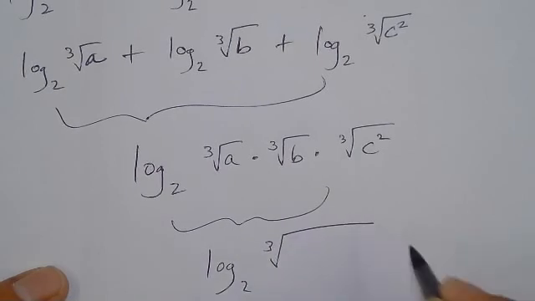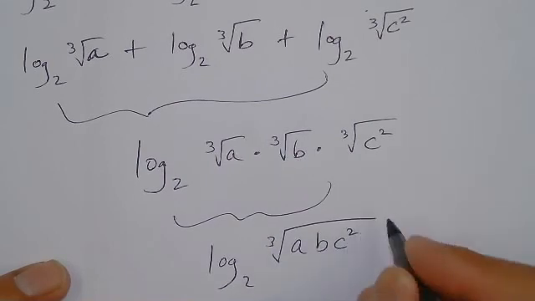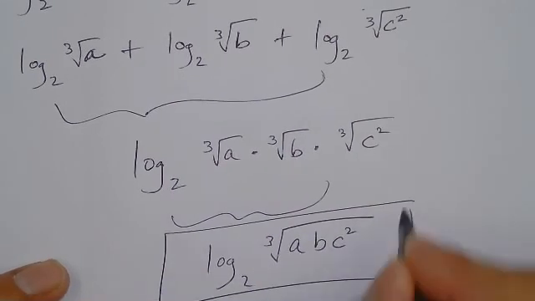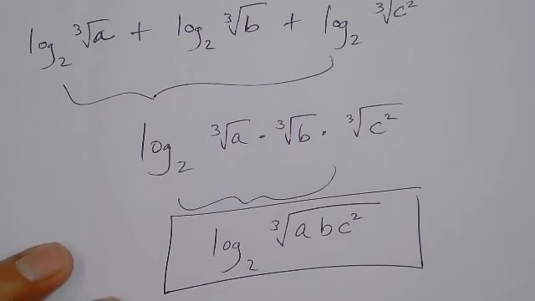No. If it's under the same cubed root, you can put it all together and just multiply those parts inside. So it's going to be log 2 cubed root of a times b times c squared.